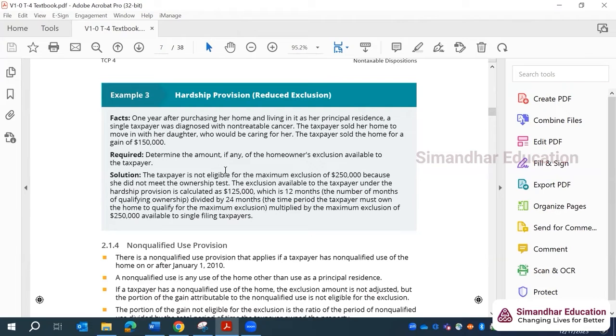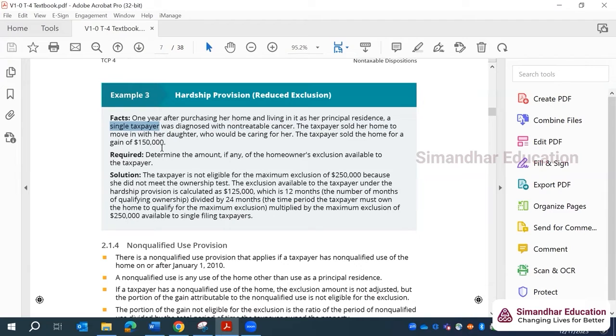Okay. So the next question that we are going to see is, what is the filing status of the taxpayer? The filing status of the taxpayer here is single. So what is the exclusion amount that we have for the single taxpayer? It is $250,000.